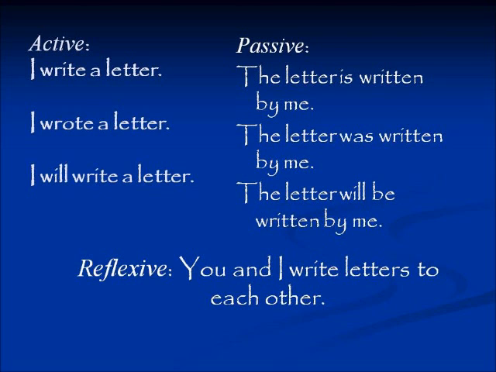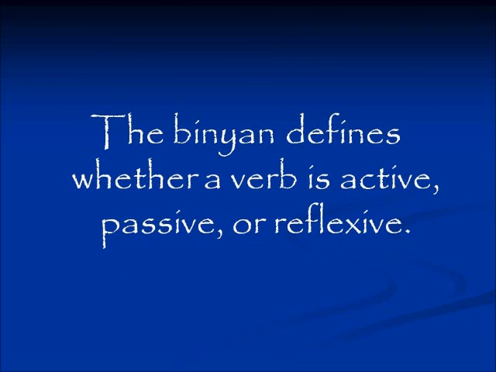So we can see that the active and passive and reflexive can all appear in all three tenses. We should be familiar with tense. We use it in English: past, present, and future. The actual binyan defines whether a verb is active, passive, or reflexive.